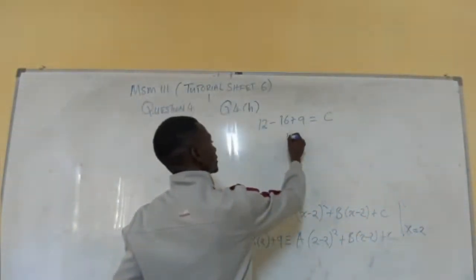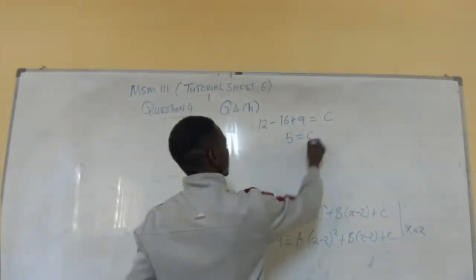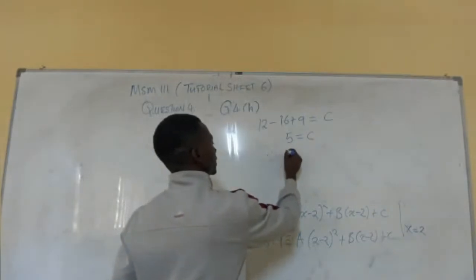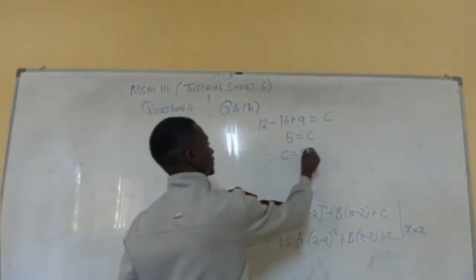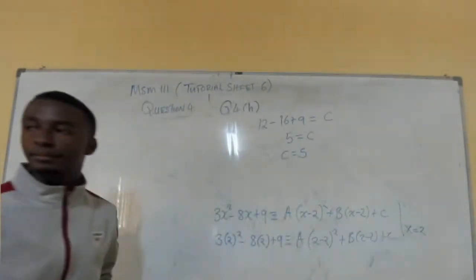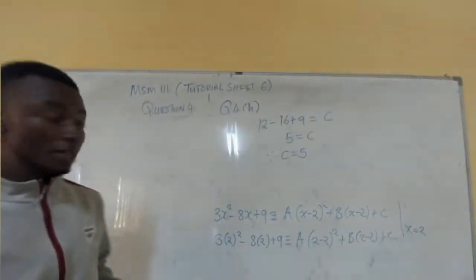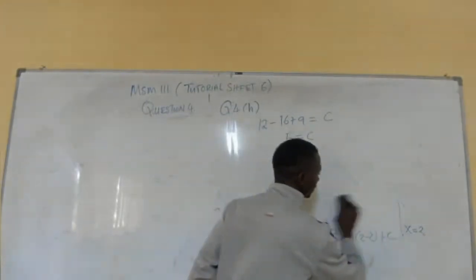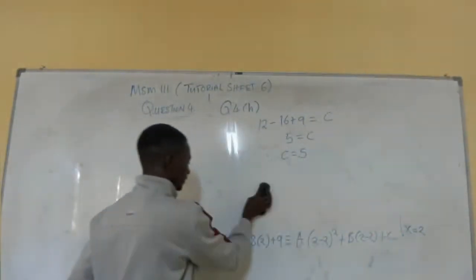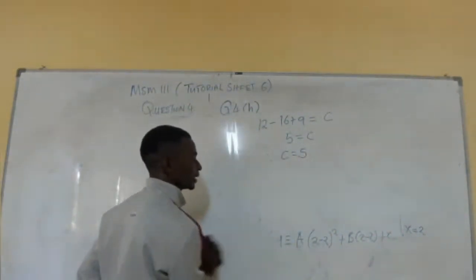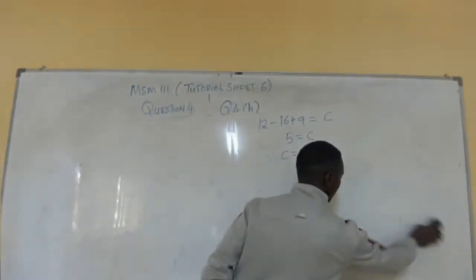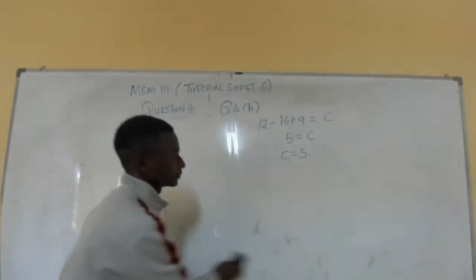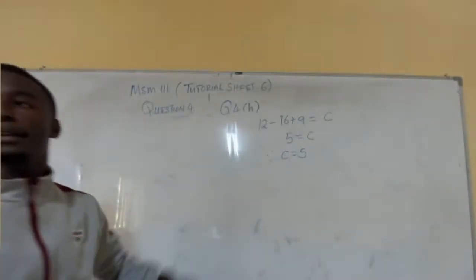The answer is 5, equal to C. Therefore, C is equal to 5. Since we know the value of C, we also want to know the values of A and B. After that, we can resolve that expression into partial fractions.